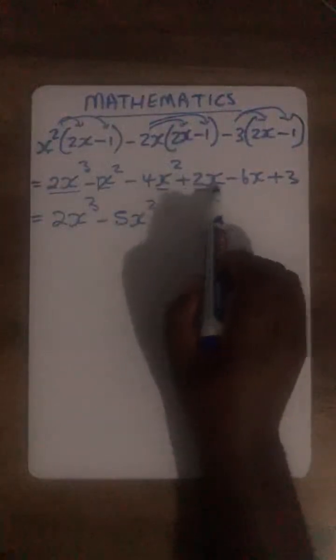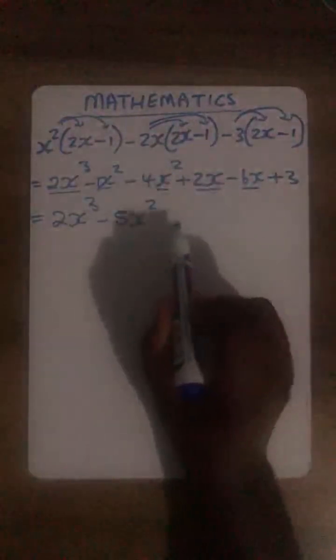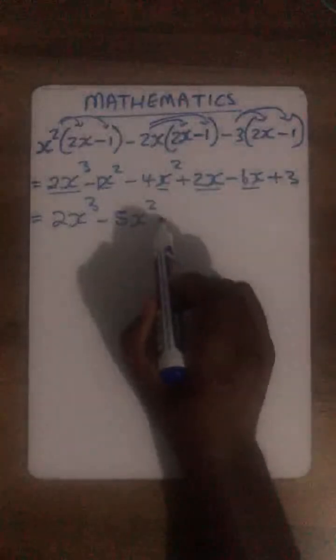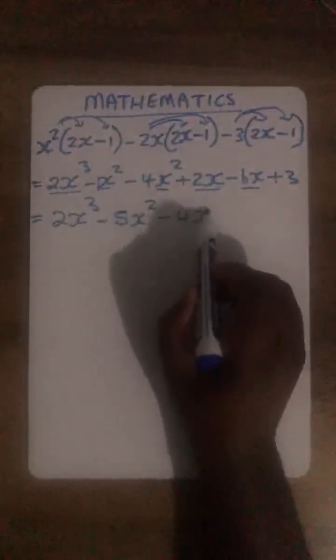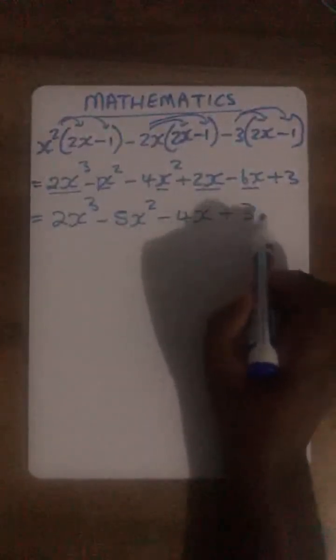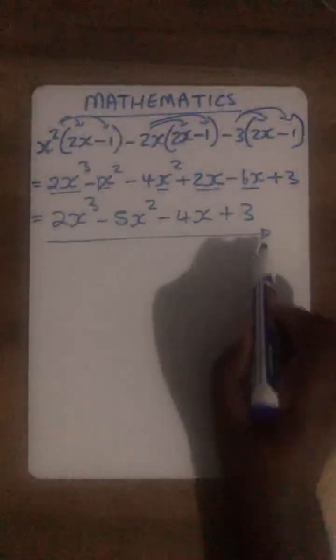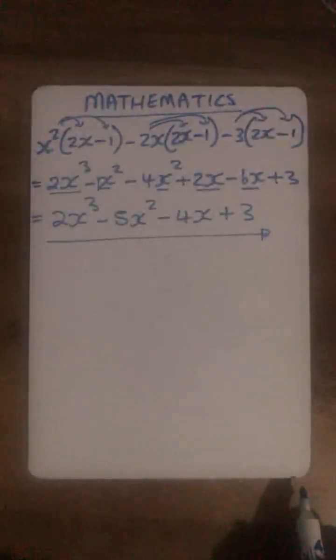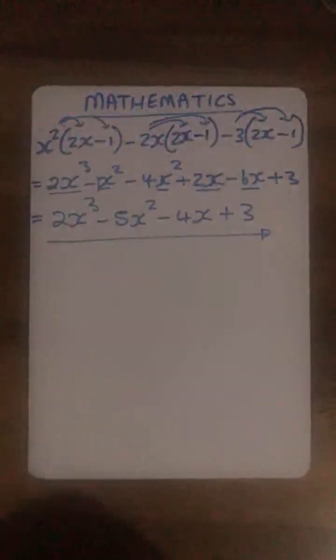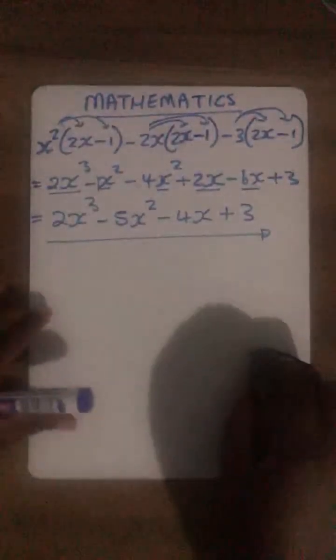And then, trust me, these two, if you work them out together, it's like you say 2 minus 6, it gives you minus 4x, and then you have plus 3. Well done, honorable members. Well done on that one.